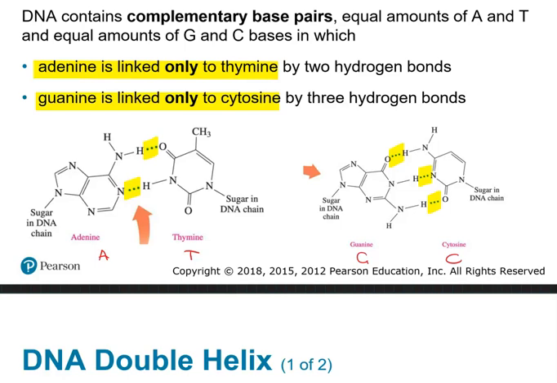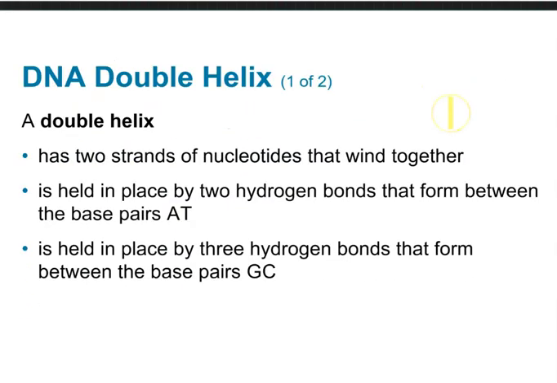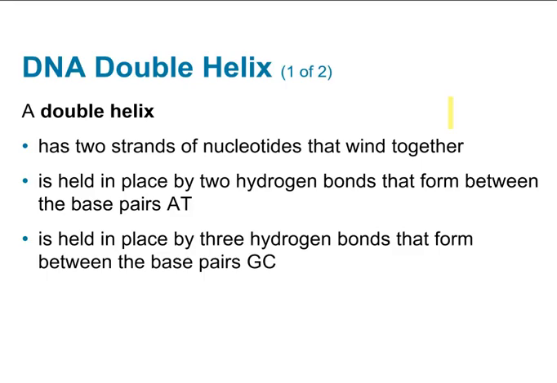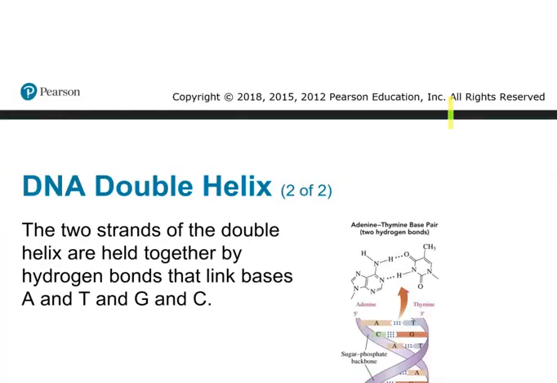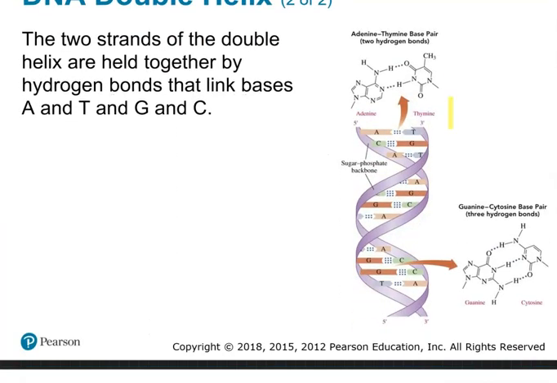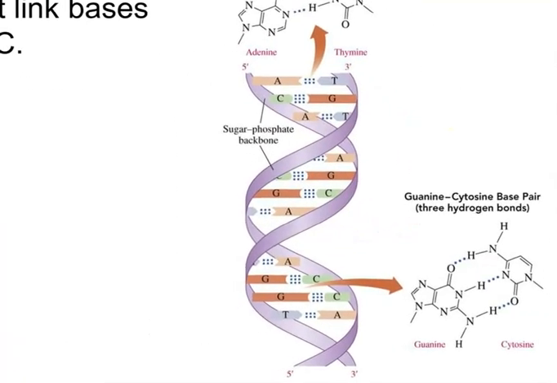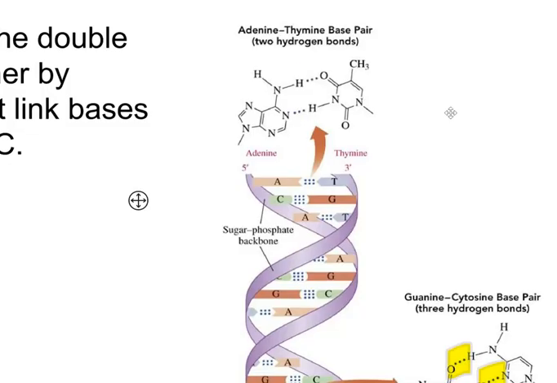So they're strong enough to hold the 2 strands of the helix. The pair between G and C is stronger because there are 3 hydrogen bonds, unlike 2 between A and T.